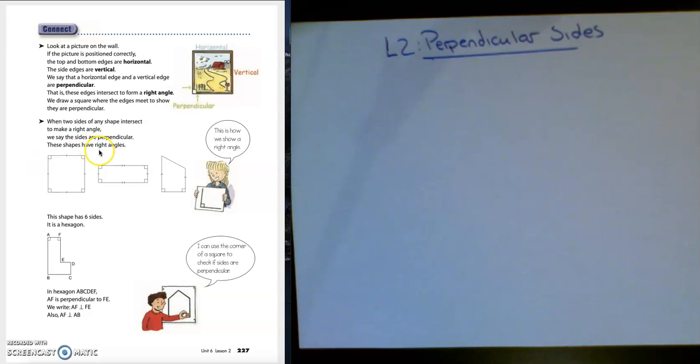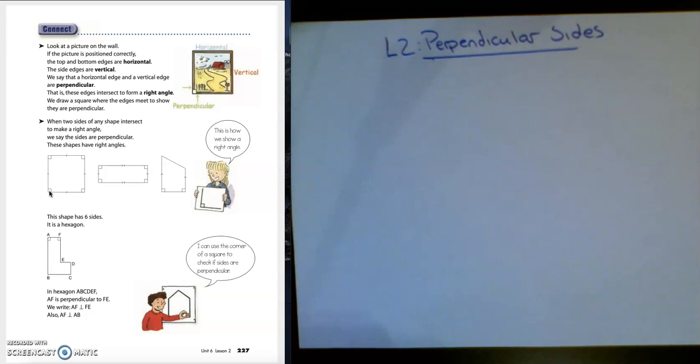It doesn't have to be a square, it doesn't have to be a rectangle, it's just anywhere that a horizontal line meets a vertical line, it forms a perpendicular. So in this square here, vertical, horizontal, forms a perpendicular. That 90-degree angle, that right angle, is indicated by that little box, right?